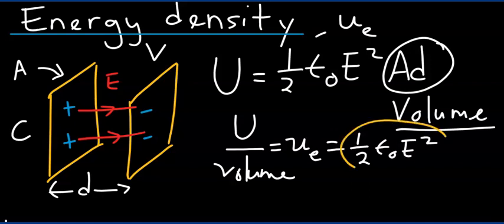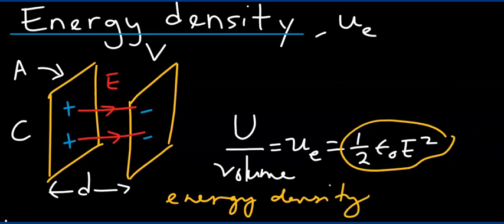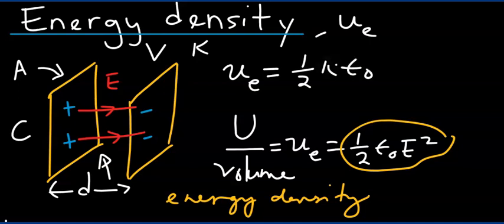So this expression is the expression for the energy density in this electric field E. Of course, instead of vacuum, let's say the region between the plates now has some dielectric material with dielectric constant K. Then, in this case, the energy density can be written as quite simply half K epsilon naught E squared.